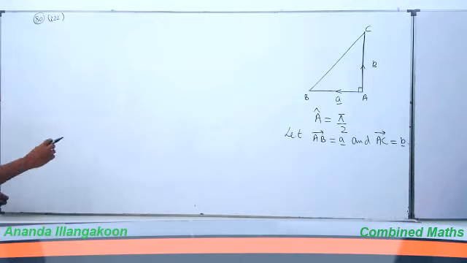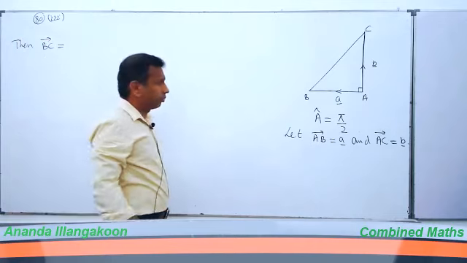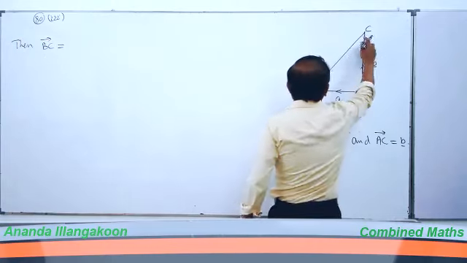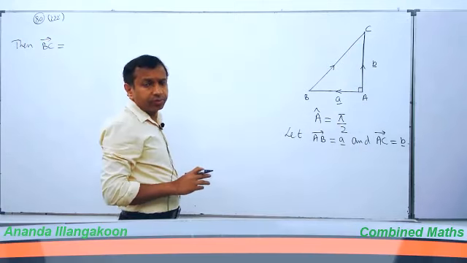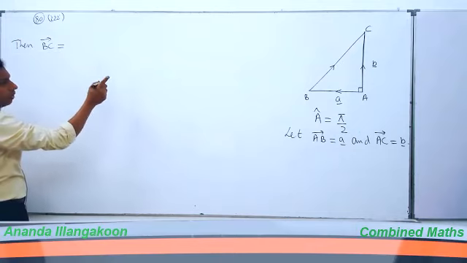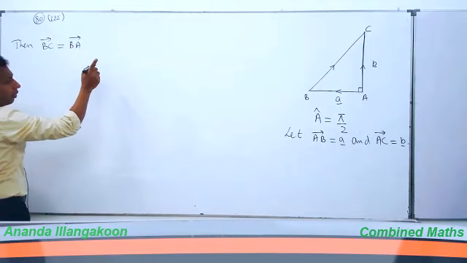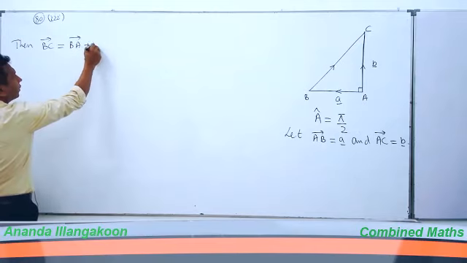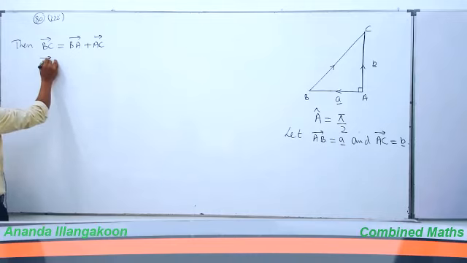Then you can write, then the BC vector, the B to C vector. We can write the B to C vector as BA plus AC. The BA vector plus the AC vector is the BC vector.